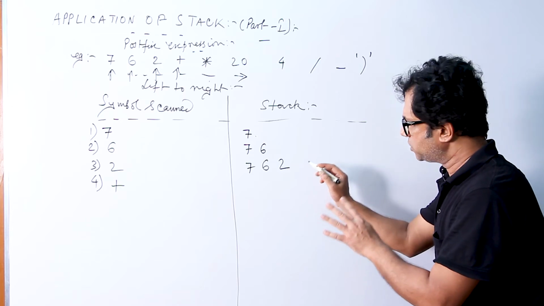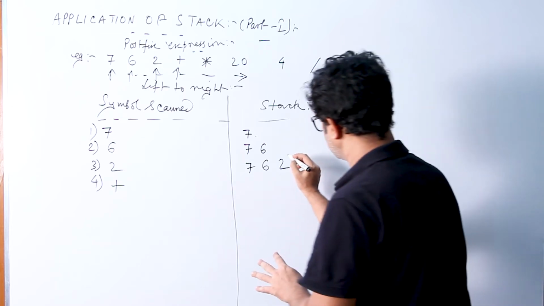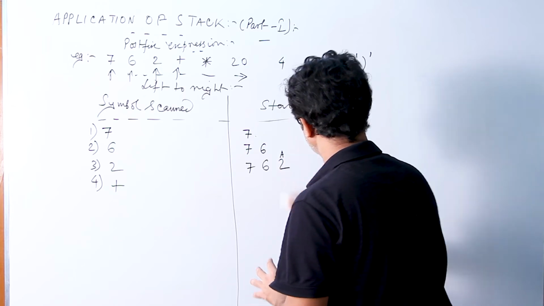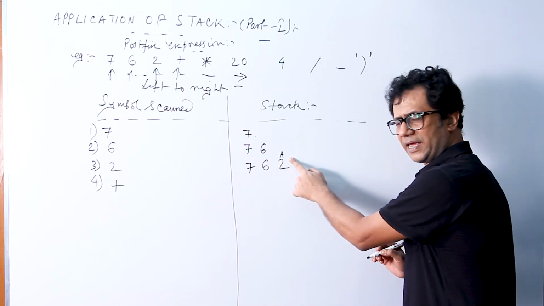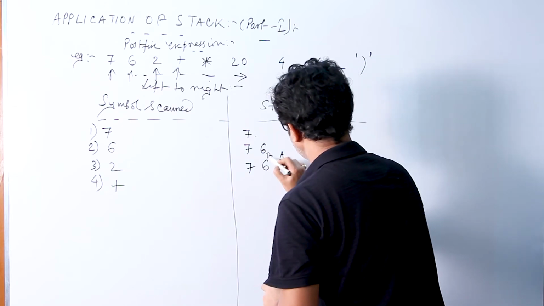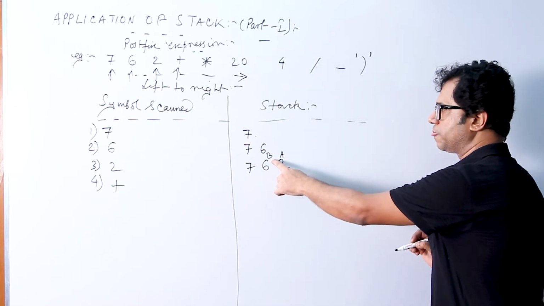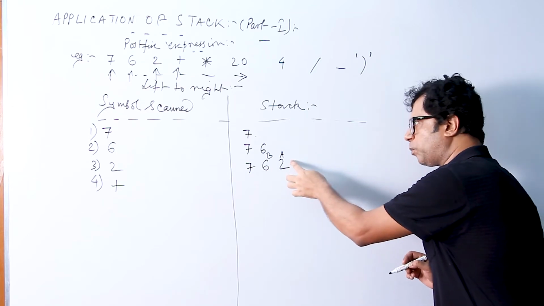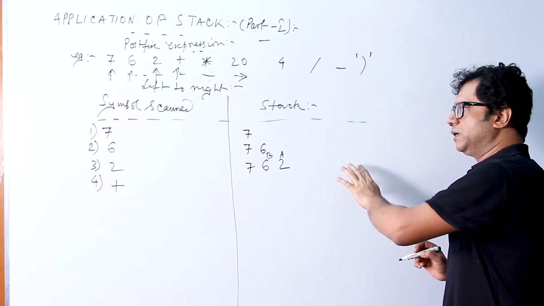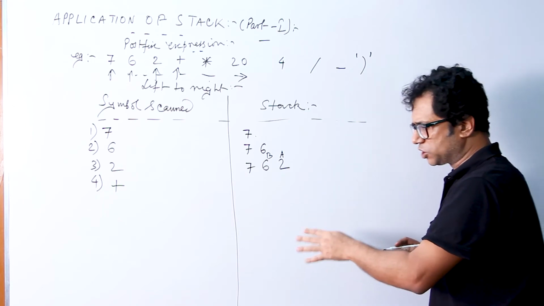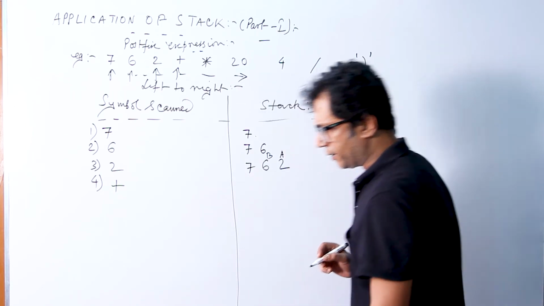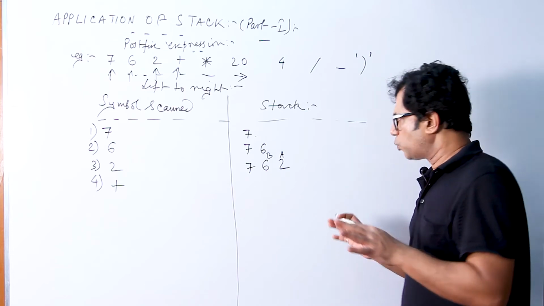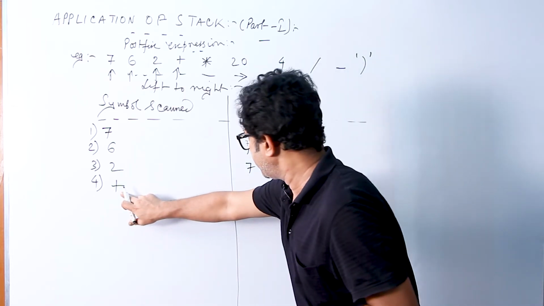Suppose these top 2 elements can be named like this: the topmost element can be thought of as A and the next top element can be thought of as B. Now you pop the top element A, then you pop the next top element B, and perform the operation B operator A. So what is B operator A? This operator is plus.